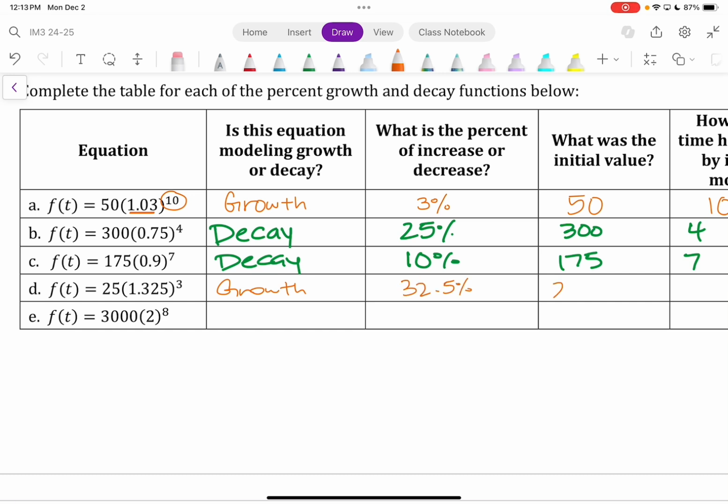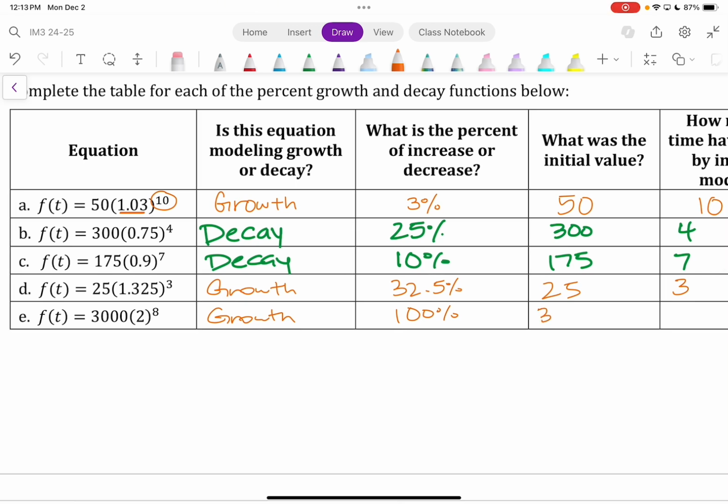And initial value is 25. 3 years or 3 of whatever time intervals have gone by. Next, we have growth again. The number in this case is 2 inside the parentheses, which is a 100% increase, right? 1 plus 1 is 2. That's how we get that. Initial value is 3,000 and 8 of whatever have gone by in this model.